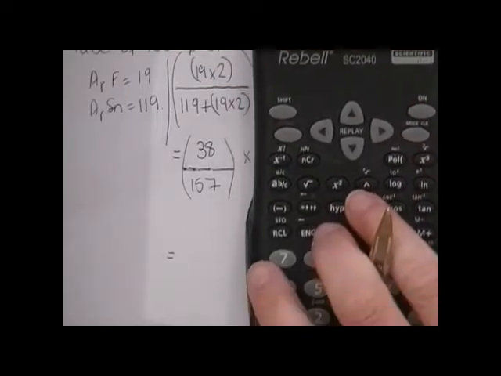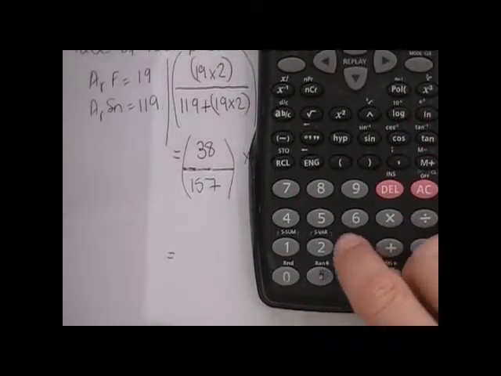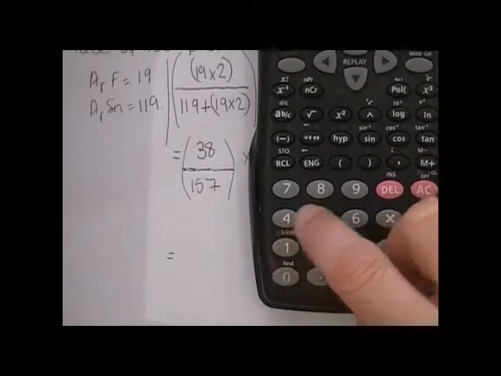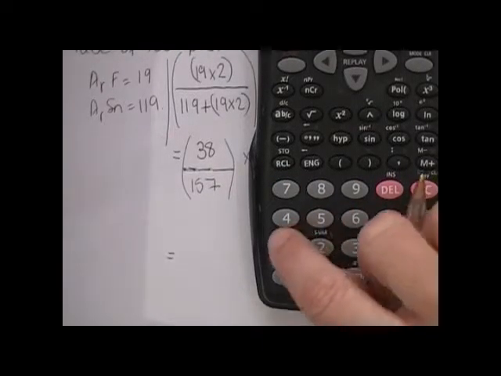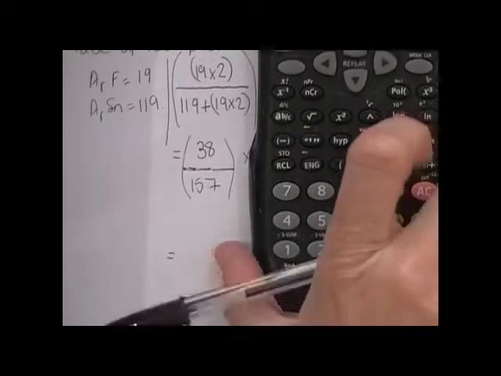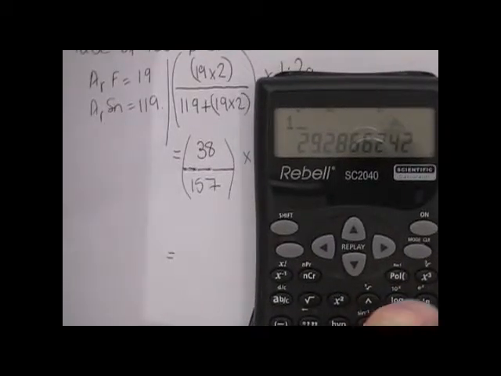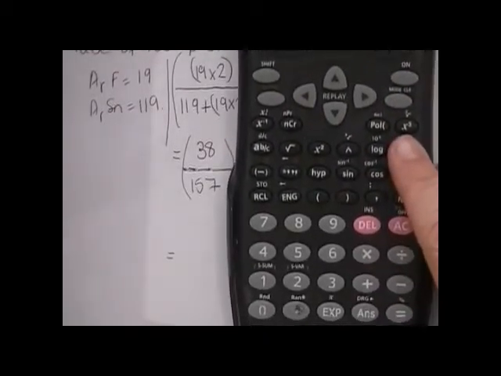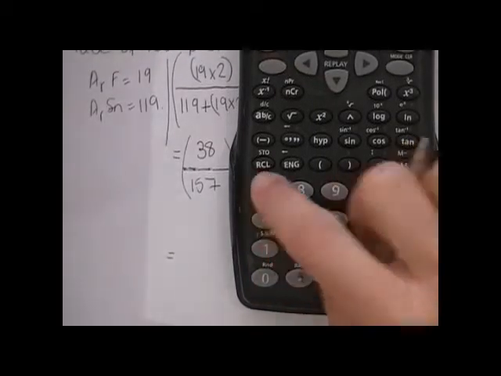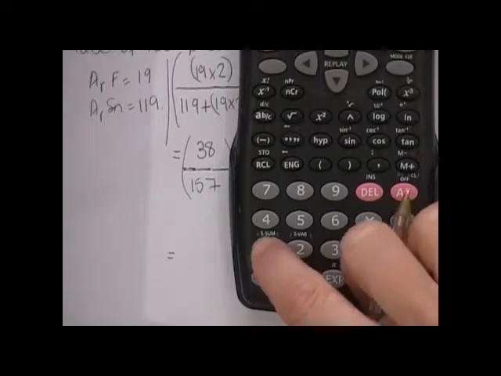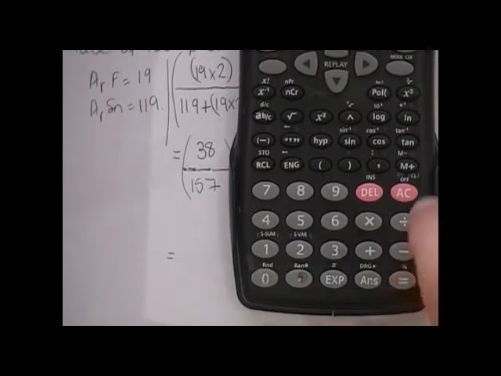I'm going to do that again just to make sure that I've got that value right. 38 divided by 157 equals times 1.2. Do you notice how I did it both ways? Let me try that again. 38 divided by 157 equals, times that by 1.2 and equals.